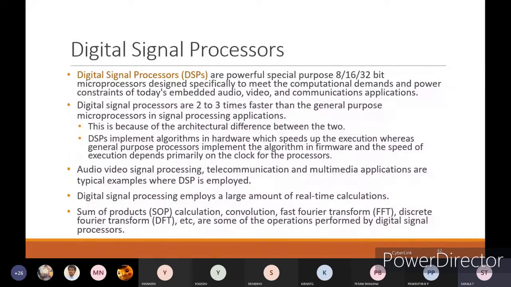Audio and video signal processing, telecommunication and multimedia applications are typical examples where DSP is employed.